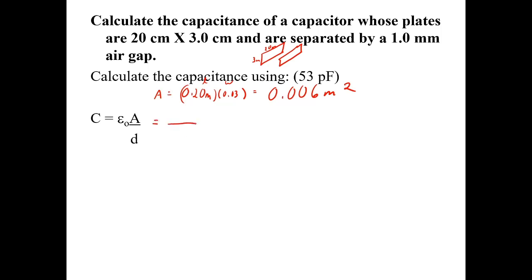So to get the capacitance, we have to use that 8.85 times 10 to the minus 12. That's the constant, times the area, which is also a very small number. Now the separation is a millimeter. A millimeter is 10 to the minus third.